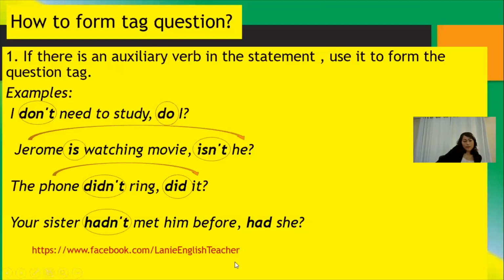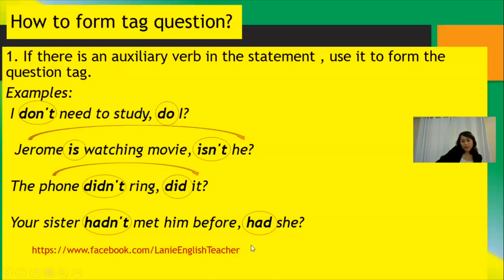Okay, another example here, we have your sister hadn't met him before. Now, again, the auxiliary had is used in the statement, and now it is in negative form, hadn't. So the statement here is negative.